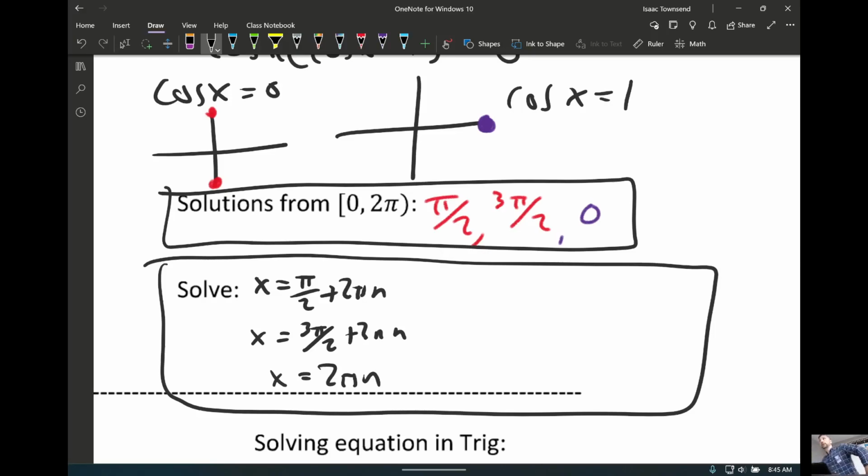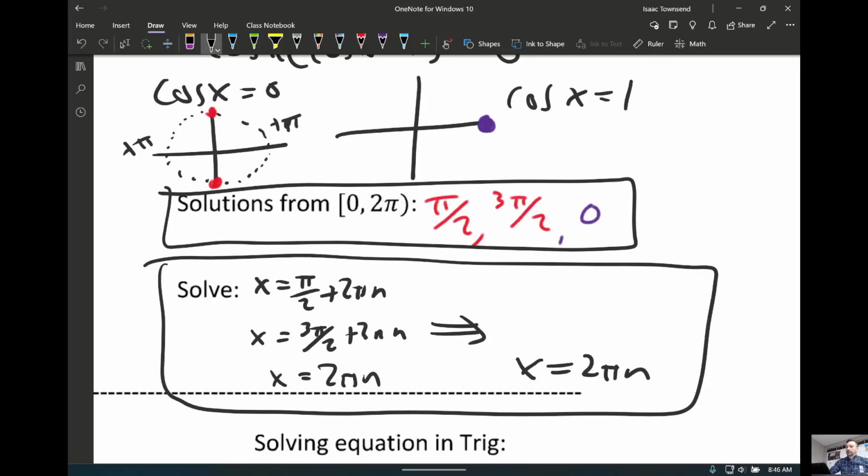And then these three are not equally spaced, so you could not condense these into a single statement, but you could condense it into 2 statements if you wanted to. You could leave this bottom one alone, 0 plus 2 pi n, but these red dots, they are equally spaced. To get from this one to this one, you could add pi, and to get to this one, you could add pi.